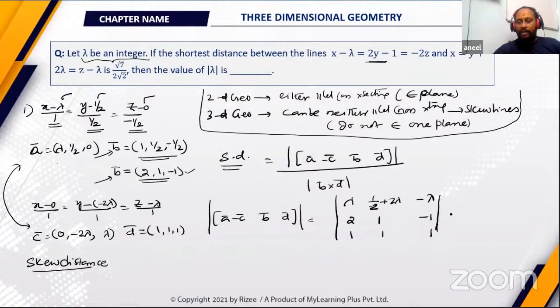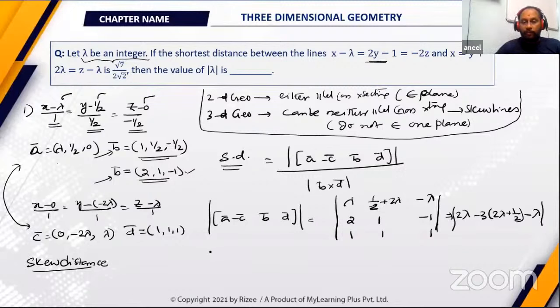So when I expand this, what do I get? Lambda into 1 plus 1, 2 lambda. And then minus of half plus lambda into 2 plus 1, 3, so minus 3 into 2 lambda plus half. And 2 minus 1, 1, so minus lambda. Mind it, here there is a modulus.